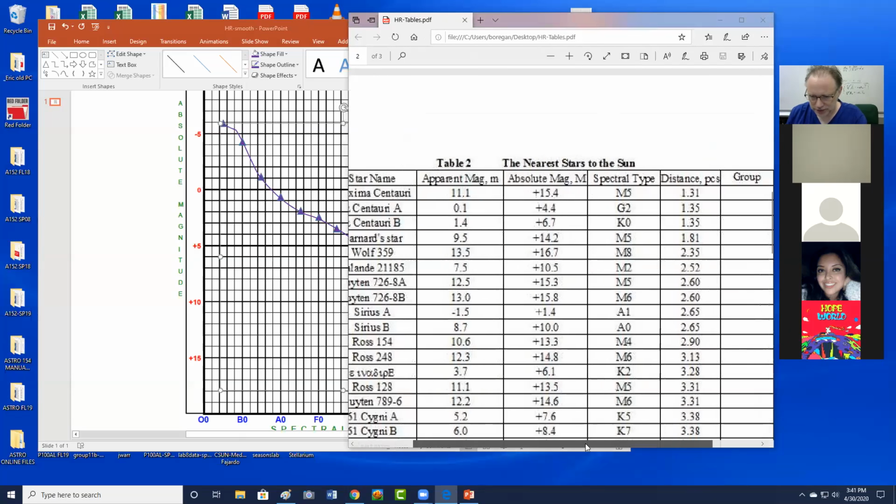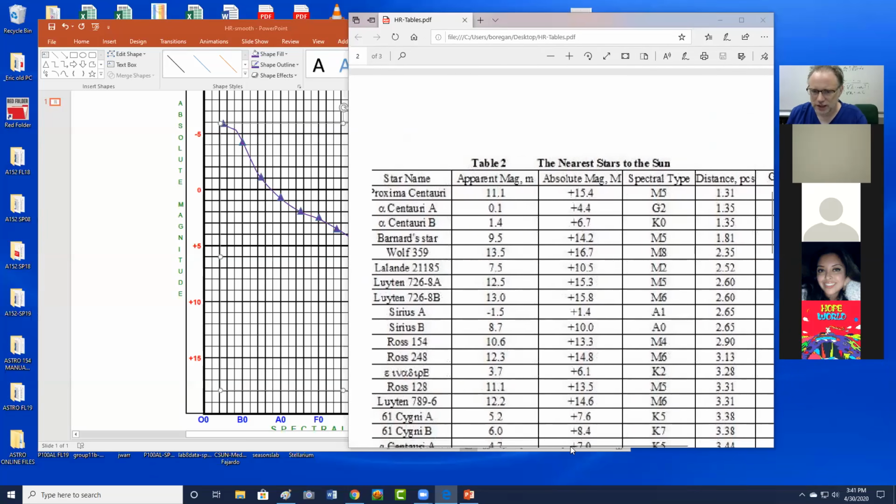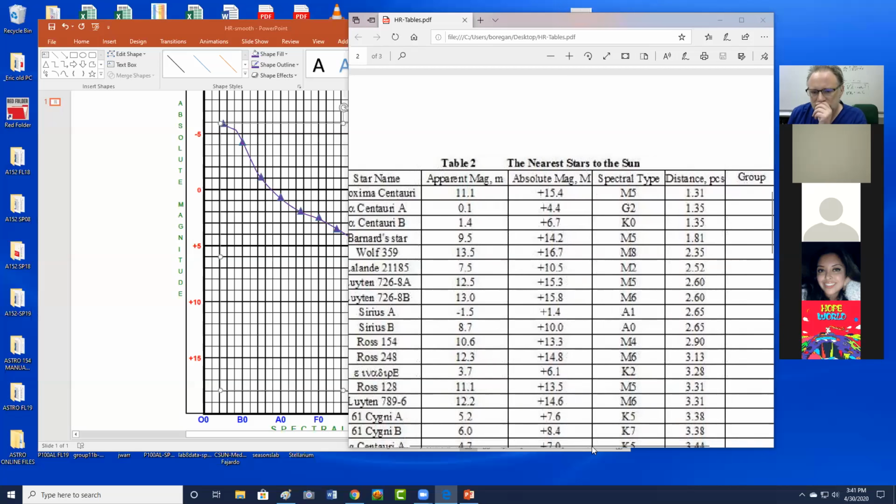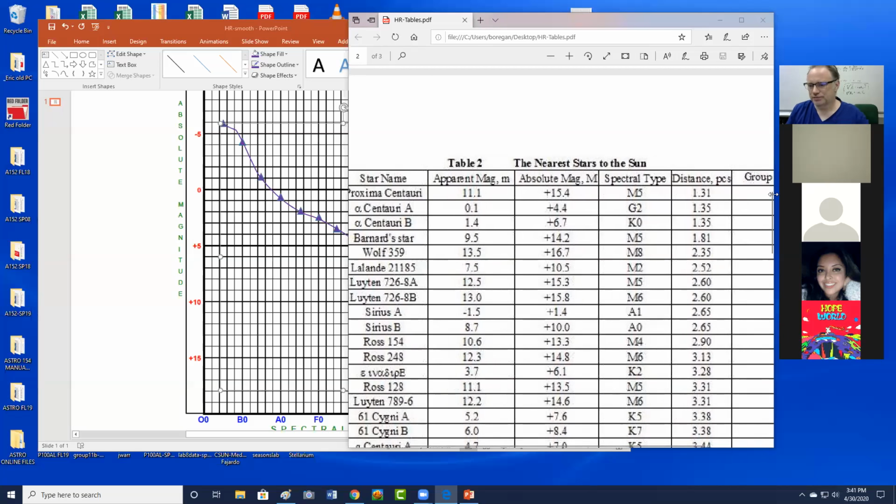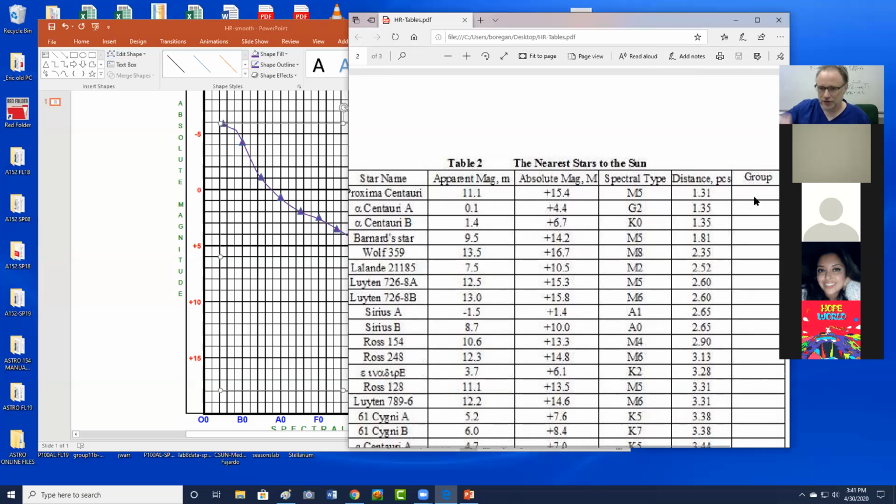And the group. You're going to fill in the group on the sides of these when you make note of them a little bit later.